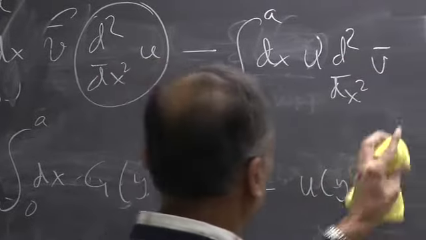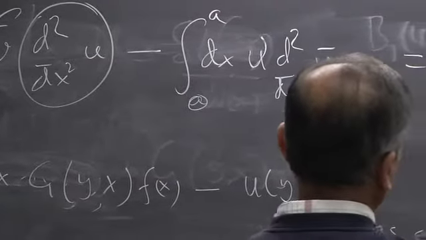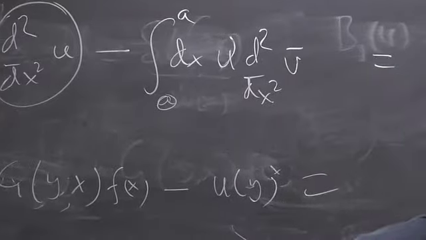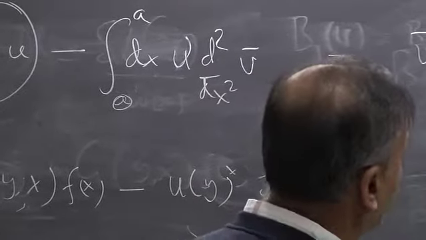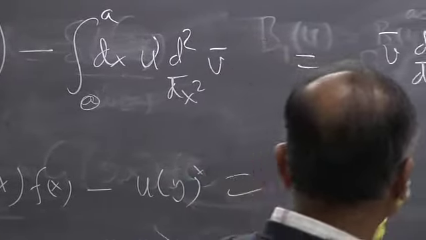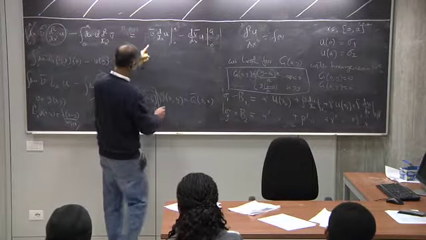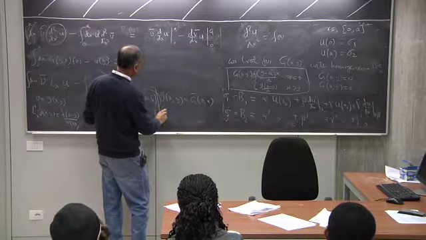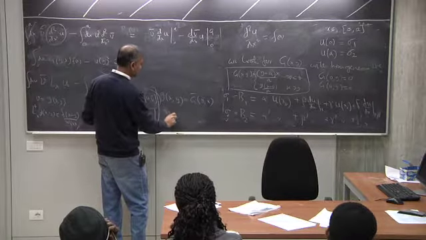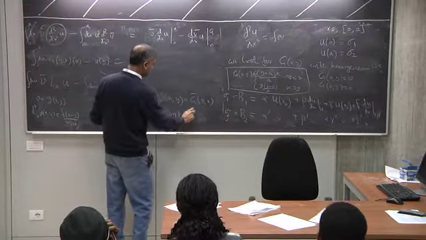So that's that. And that's equal to this quantity. So let's see what is that. So v bar is, so what is v bar? This is g bar of x,y, which is equal to g y,x.